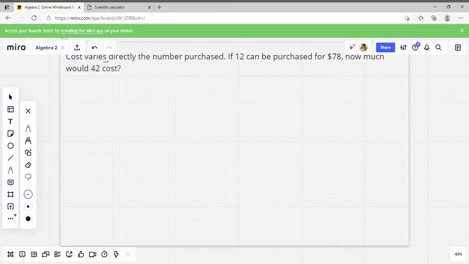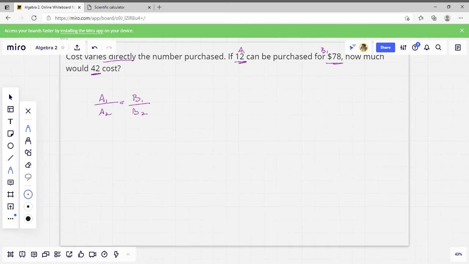Cost varies directly to the number purchased. If 12 can be purchased for $78, so cost varies directly means we have A1 over A2 equals B1 over B2. We're making a ratio. 12 can be purchased for $78. Here's our A1 and here's our B1. How much would 42 cost?